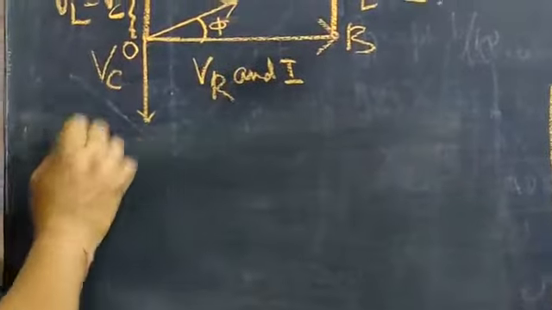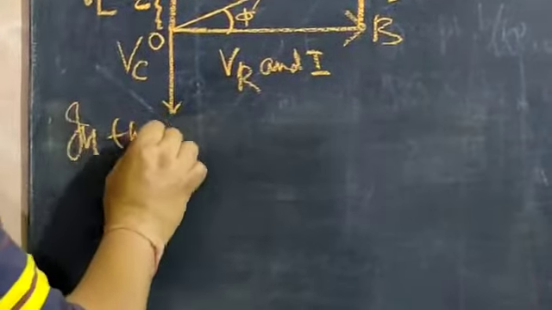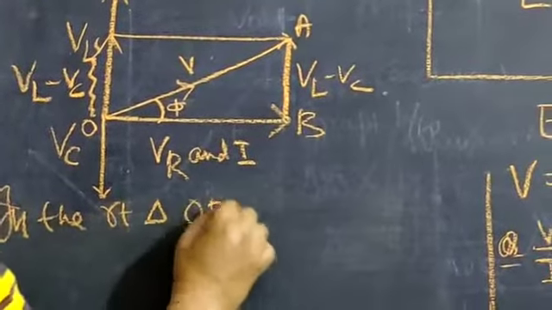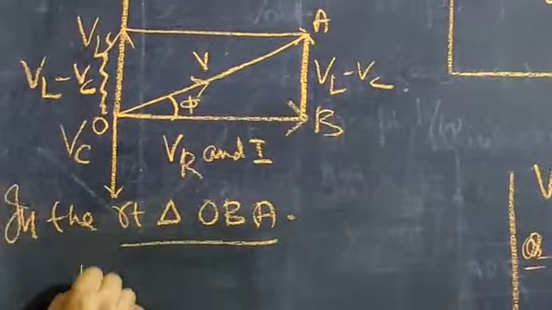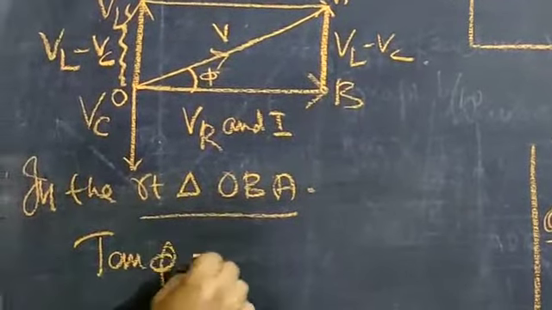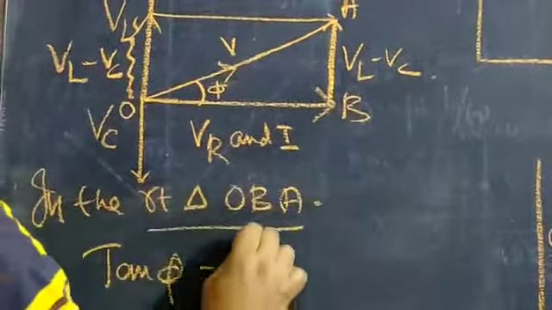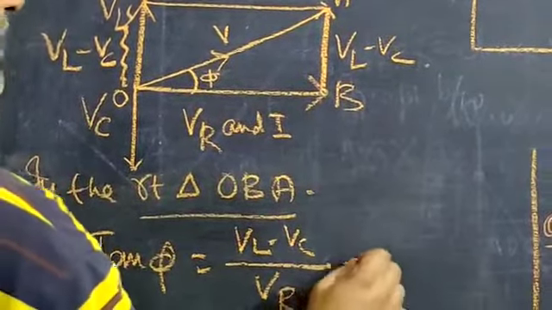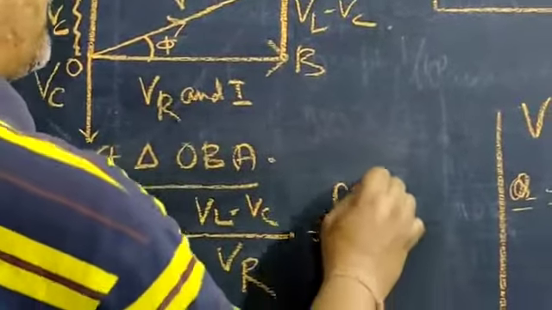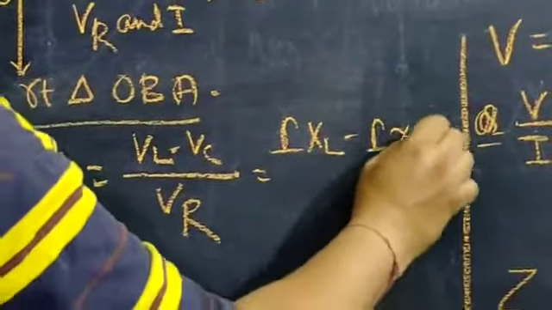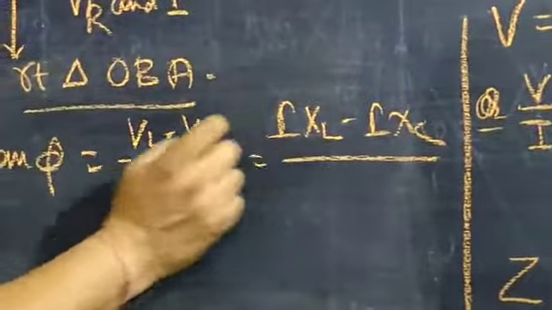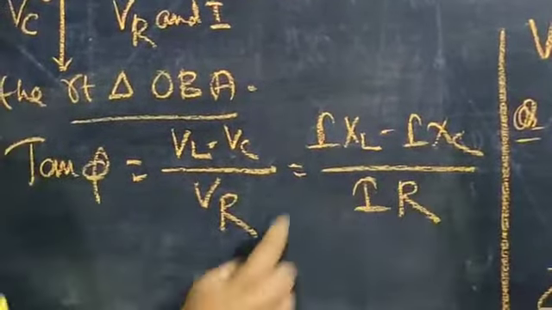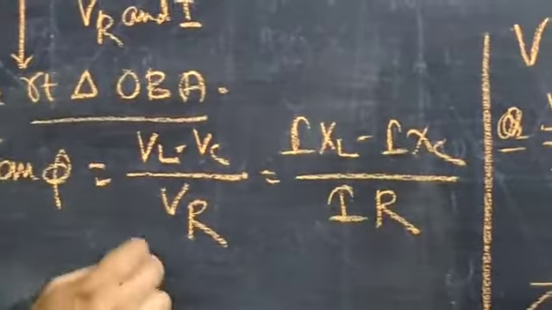So, by this triangle OBA, tan phi is equivalent to (VL minus VC) upon VR, equivalent to (I XL minus I XC) upon I R. In place of VL, I XL; in place of VC, I XC; VR is I R. So I will be taken out common and will cancel.